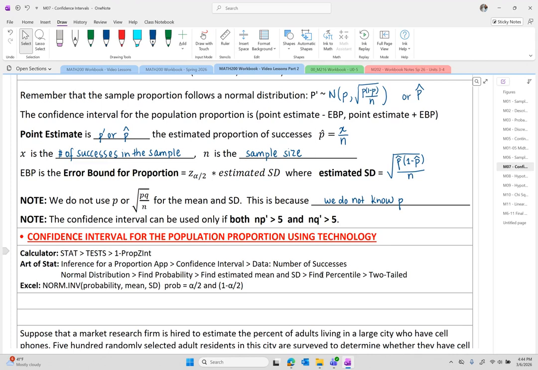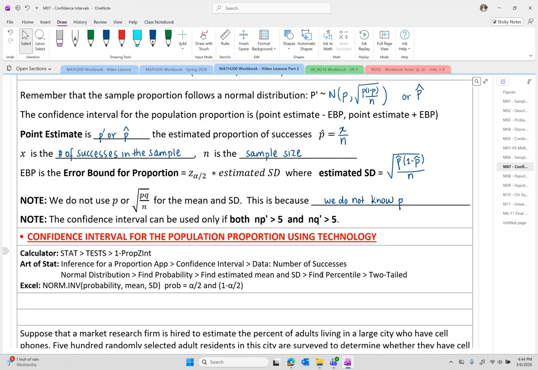P prime or p hat will be the notation, and you will estimate it by dividing the number of successes in the sample by the size of the sample. So how many observational units answered yes to the question that you are asking? It is a binomial experiment, so you have a success and failure divided by the number of units in the sample.